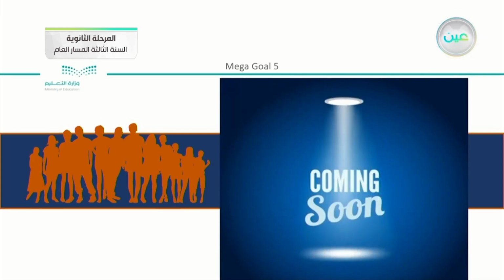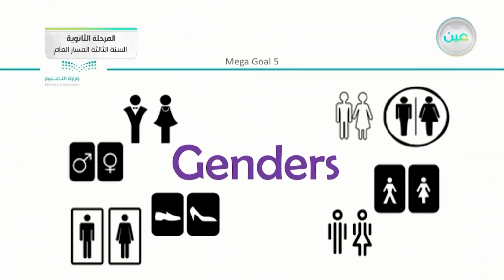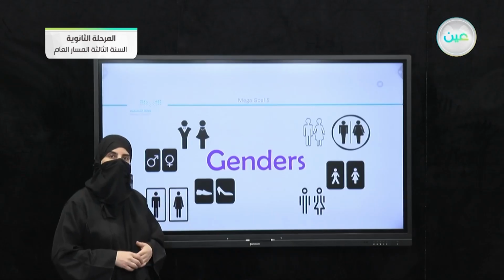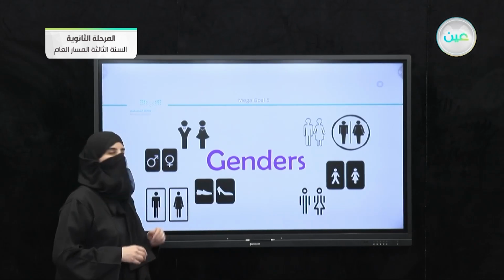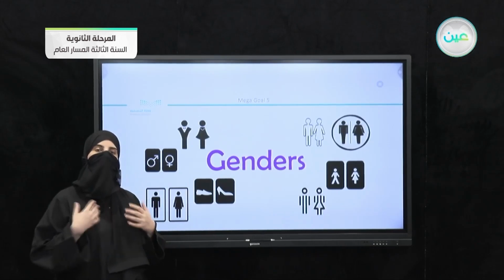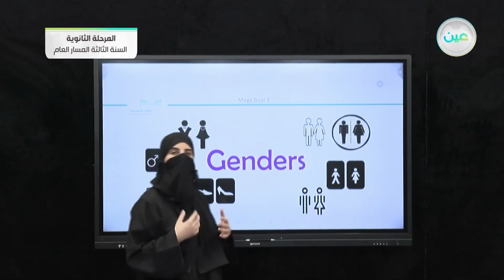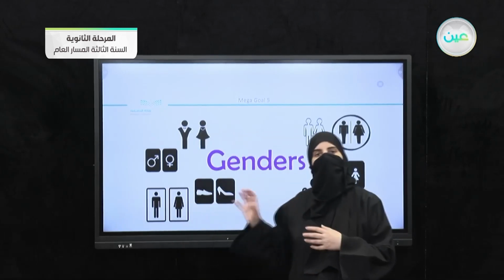Now we are going to move on and see our new unit, which is going to be the last unit, inshallah, that we have here. And we can see that we have here these different genders. You can see that there are different ways to introduce the gender or the type, and we are familiar with the different icons that we have here.